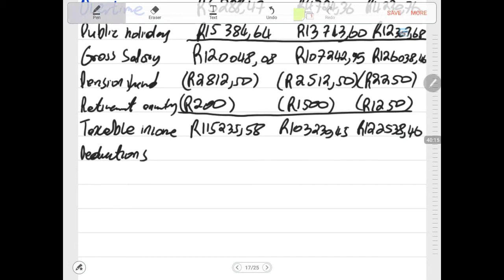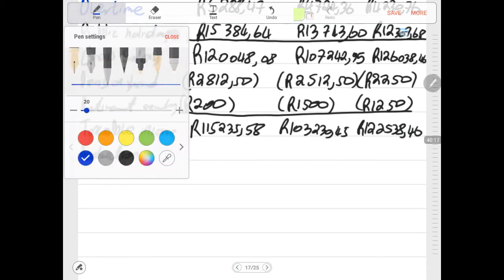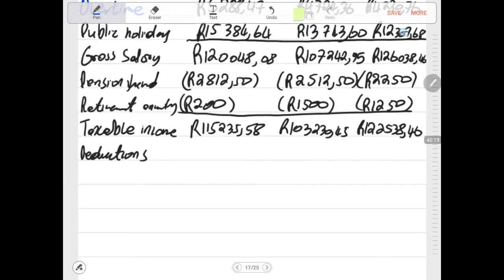So now that we have our taxable income, then we start with the first deduction after, which is pay as you earn.